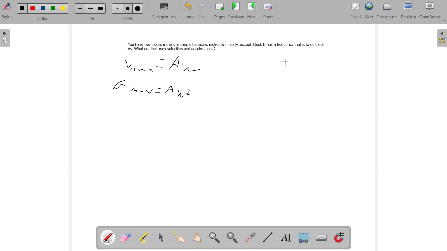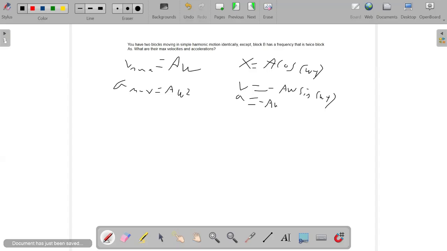Because x equals A cosine omega t, v equals negative A omega sine omega t, and a equals negative A omega squared cosine omega t.